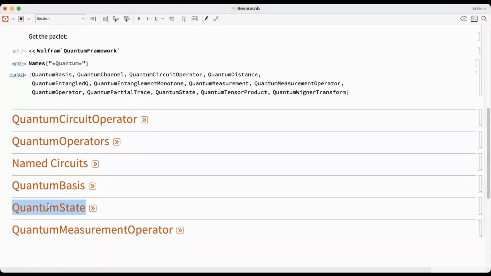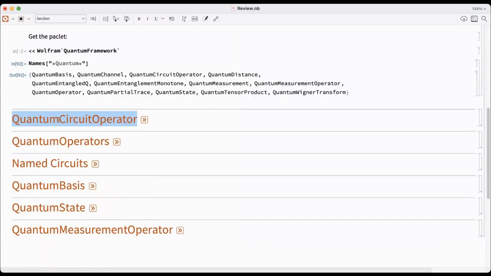Then we would move on to the quantum state. After quantum state, we would introduce the idea of quantum operator, some transformation for your quantum state. Then we would introduce the quantum measurement operator to work with measurement. At the very end, we would comment on quantum circuit operator, when you have a composition of different operators.